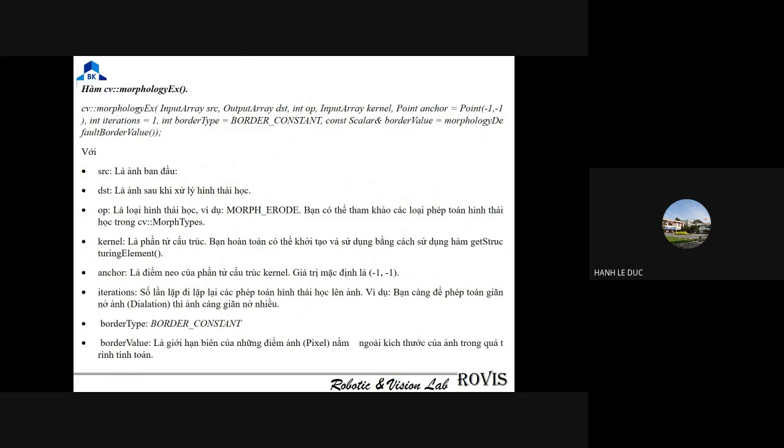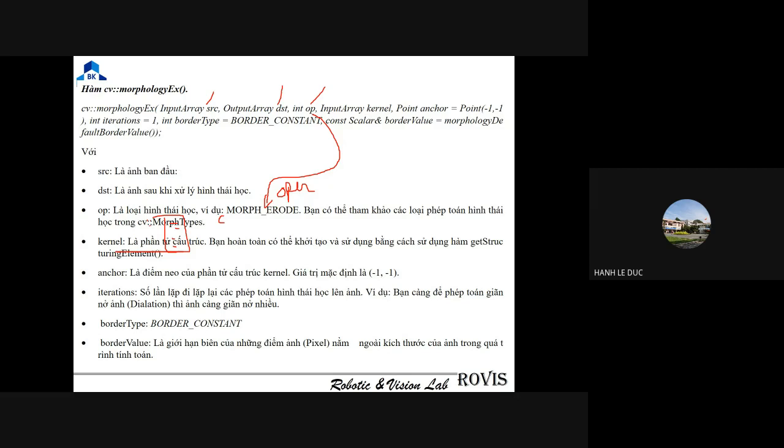In this function there are many parameters. Destination, right? The option here you can choose. For example, if you want to do the opening, you can choose MORPH_OPEN. Just use cv dot, and then you will have the list, and you can choose which one you want.